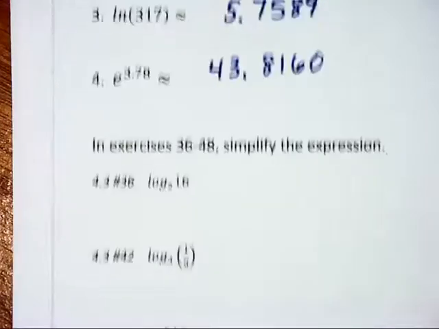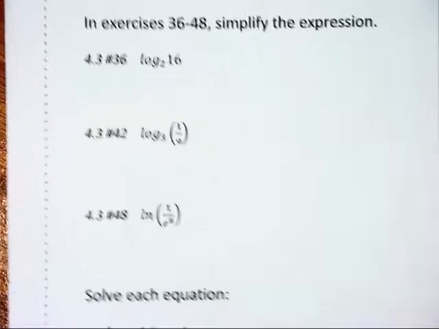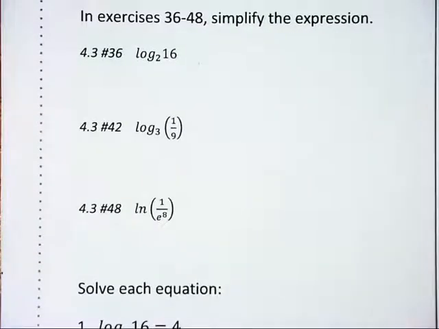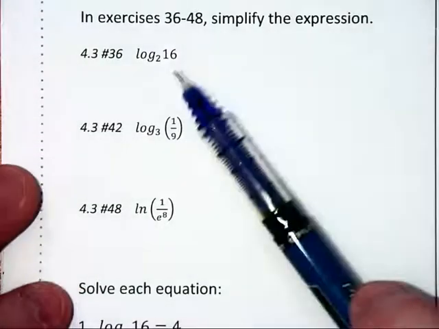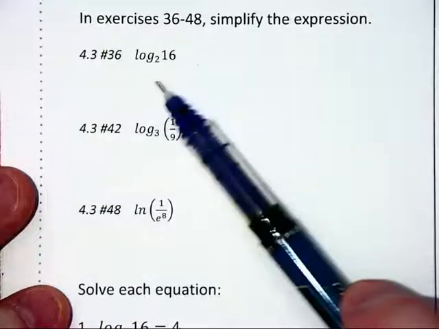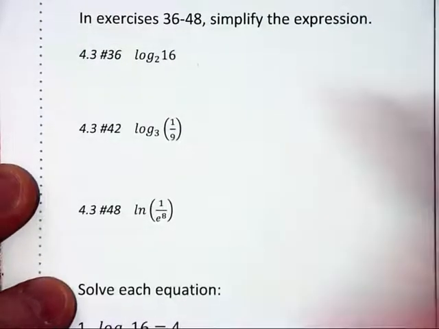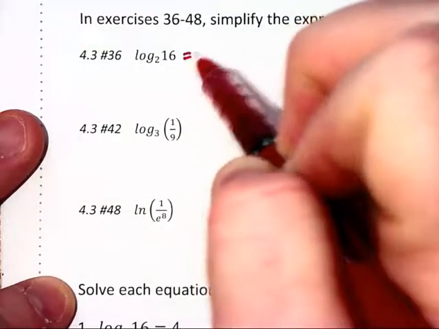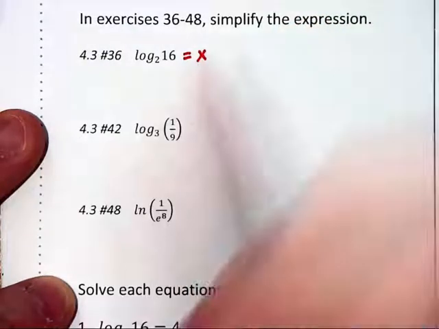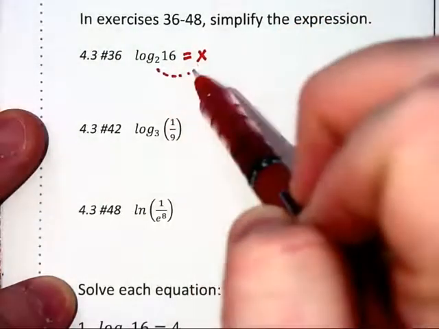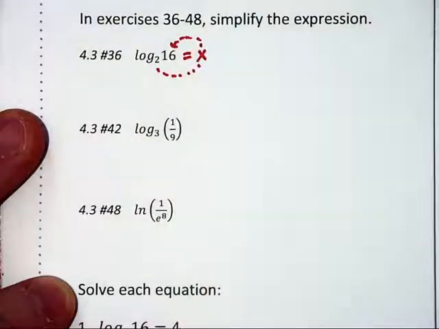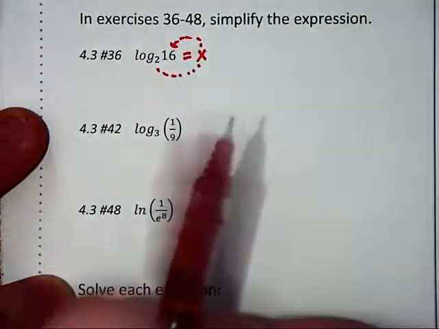Okay, we now change gears and we want to evaluate these logarithmic expressions, and you can't do these directly on your calculator, and the idea here is we want to be able to do this in our head. Now, we wish there was an equals x off to the side, because then we could write 2 to the x equals 16 using that visual pattern.